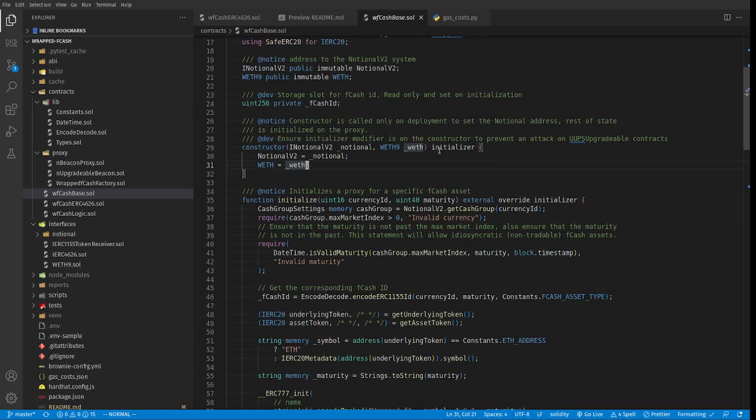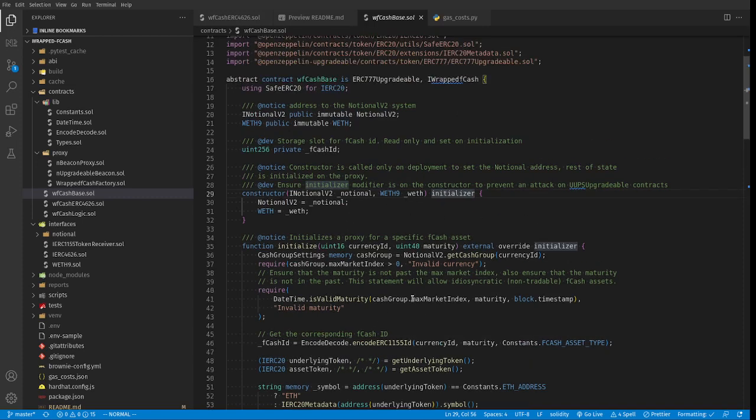So that's set up in the constructor, and we have this initializer modifier here to ensure that the implementation is initialized and people can't attack the contract by initializing the implementation and things like that.